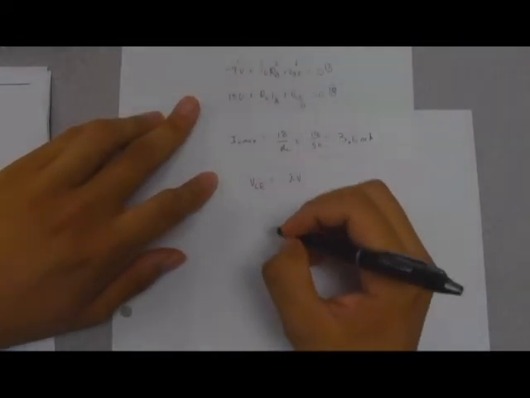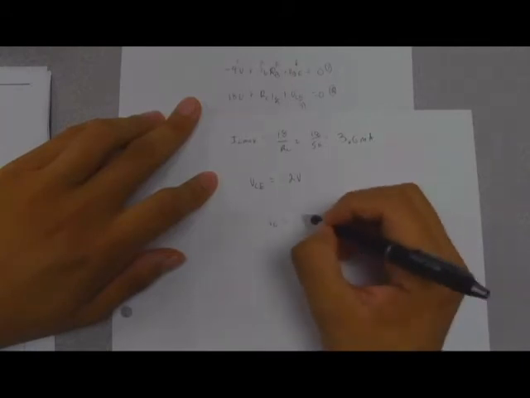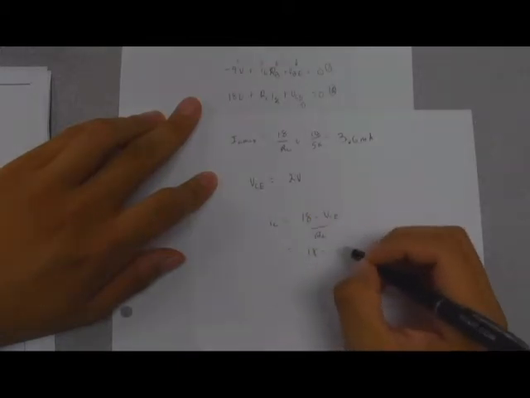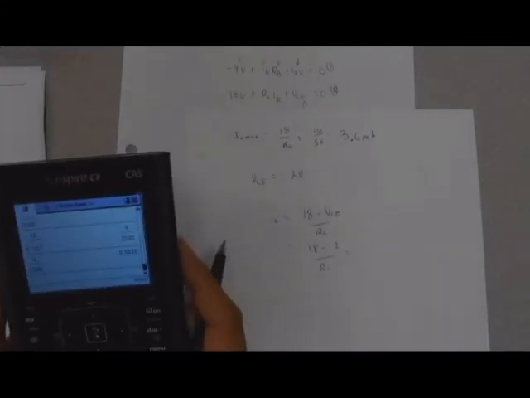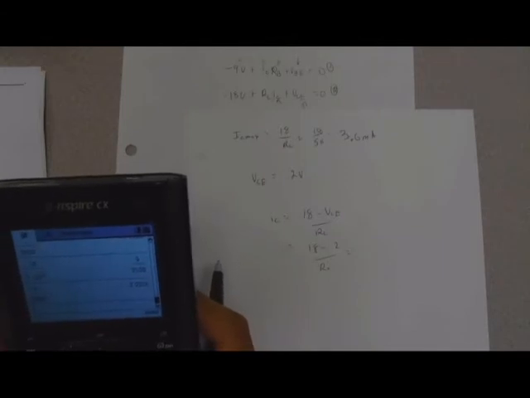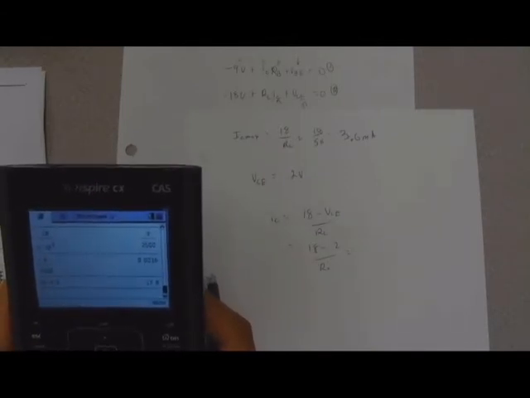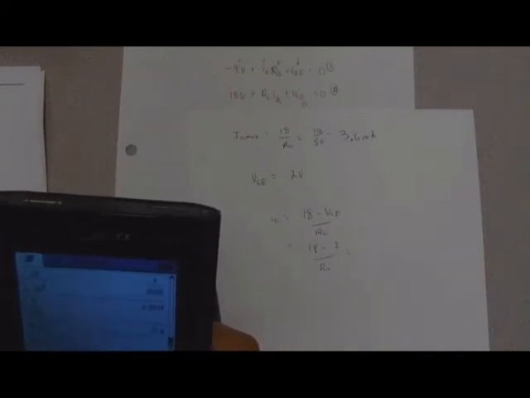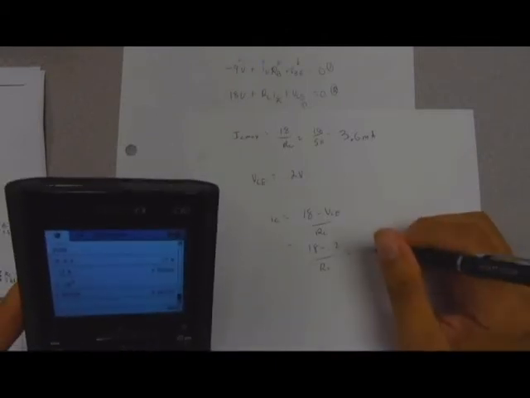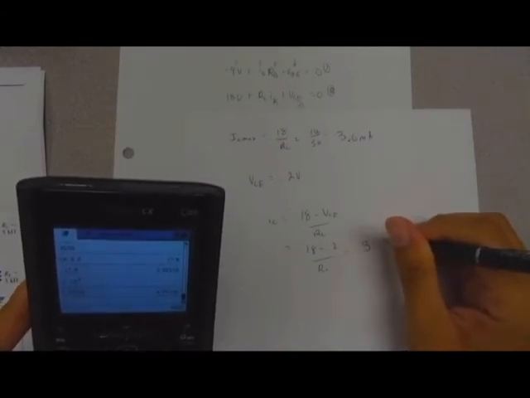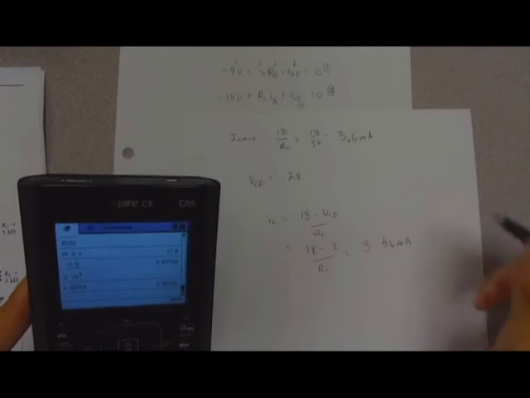The real value of IC is going to be IC is equal to 18 minus VCE over RC. 18 minus 0.2 volts over RC is going to be 18 minus 0.2 divided by RC, which is 5 times 10 to the third, which is going to be 3.56 milliamps, less than the value we calculated up here.